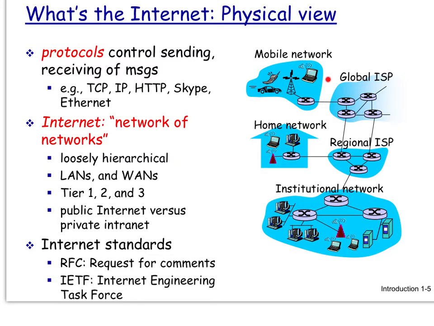So we have end devices, and these end devices have to have network access through one of the access methods that we will talk about later, and they have to connect with what we call a tier 3 service provider. As an example, we here at QU take the internet service from QU. So QU is our tier 3 service provider.